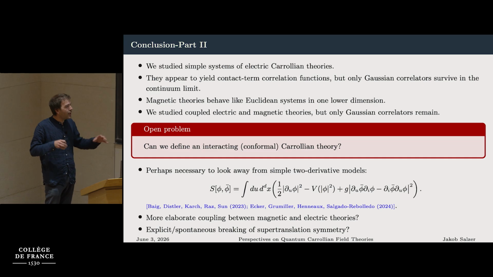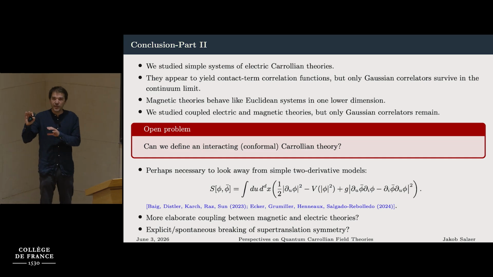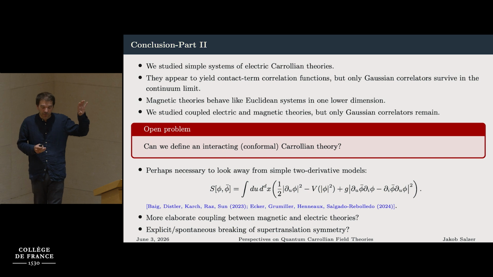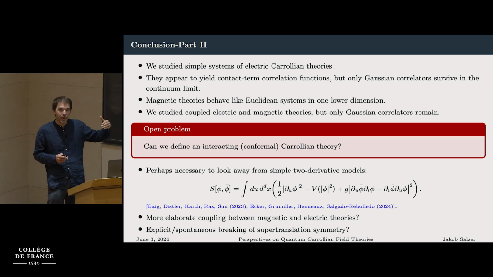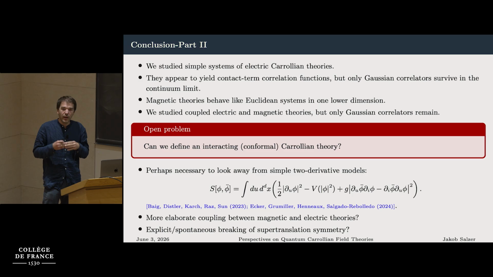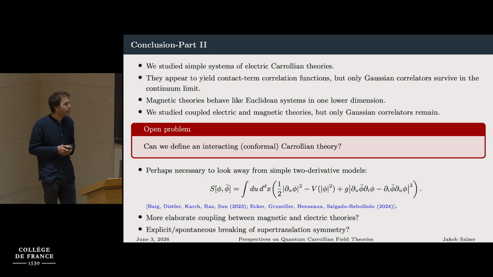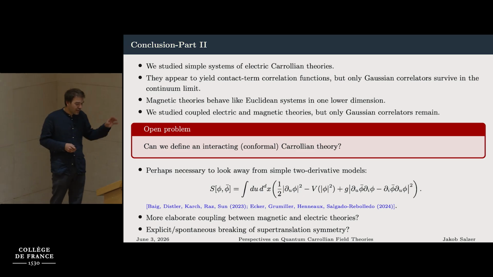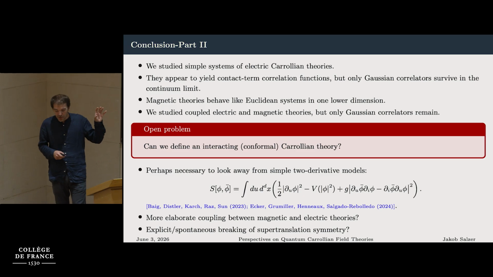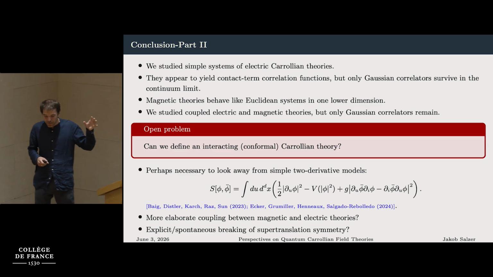Maybe we need more elaborate couplings between magnetic and electric theories. Again, we just looked at this simple Yukawa coupling. We looked at a minimal coupling between electrodynamics and matter. Perhaps the way to go is to couple them together in a more interesting way. Perhaps we also have too much symmetry. These electric theories that I presented have a lot of symmetry.